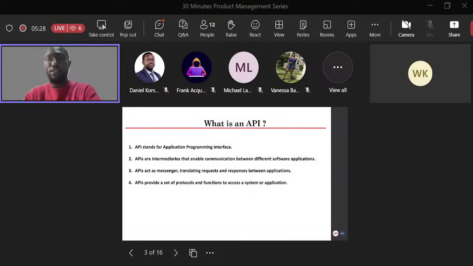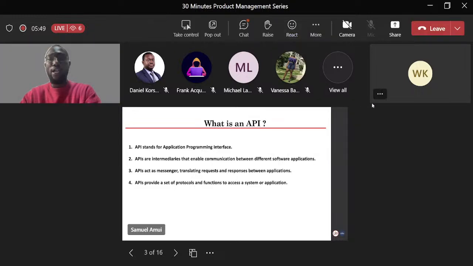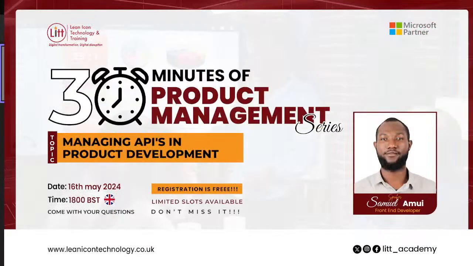API basically means application programming interface. Now, someone will ask, what is an interface? An interface means something that allows two different things to interact together. Human beings, for example, have brains, neurons and blood vessels, but a brain cannot interact with another brain.